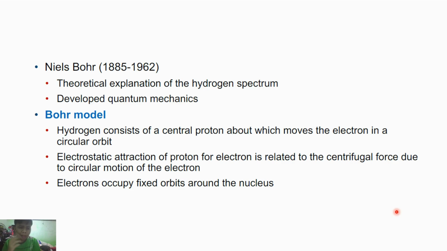But in that sense, the planetary model of Niels Bohr is not quite accurate, because it fails to explain atoms that are very large, like radioactive atoms, where the nucleus is very large and the magnetic pull on the electron is strong, since opposites attract.